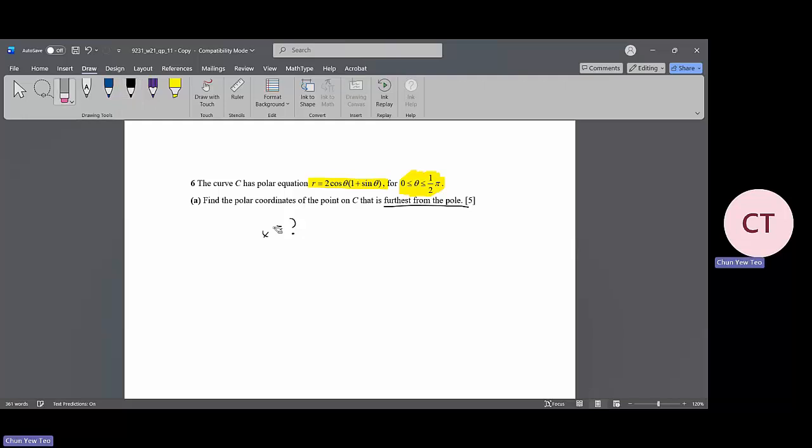So to find the maximum r, we just need to do dr d theta. We keep the right, differentiate the left, plus keep the left, differentiate the right. So dr d theta equals 0.